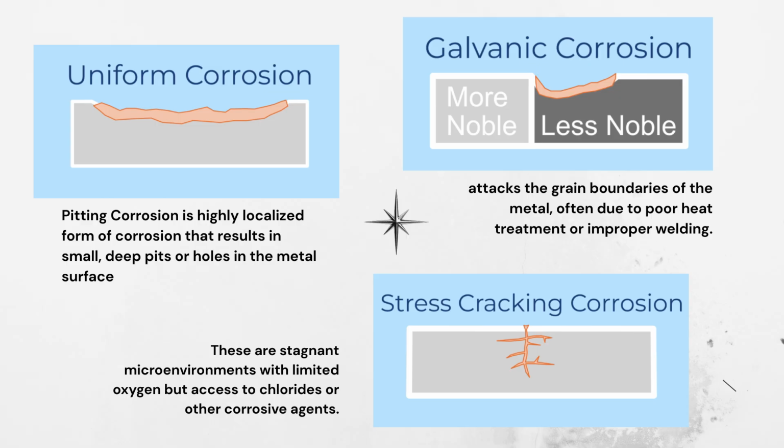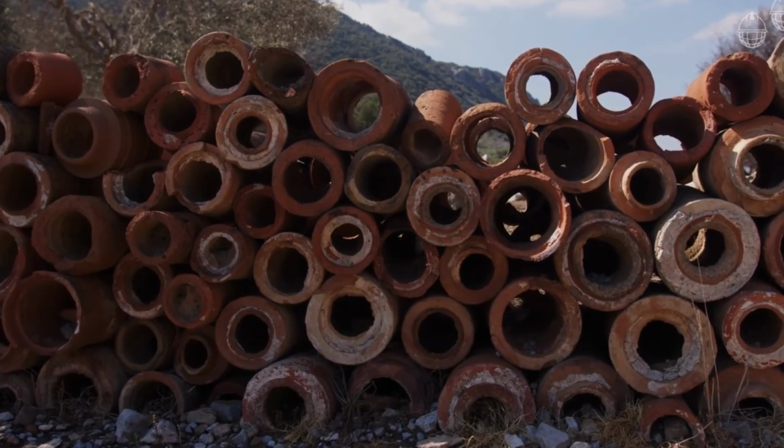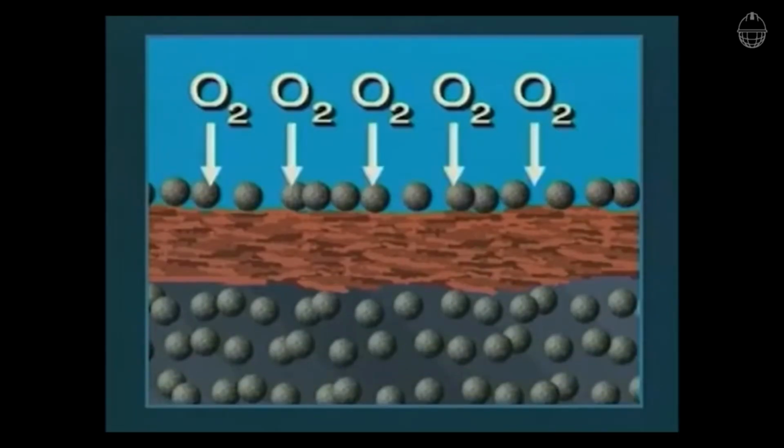We also analyzed corrosion due to oxygen differences, which is very common in submerged structures such as ship hulls. Finally, we studied corrosion in acidic environments, where the presence of hydrogen ions accelerates the process.